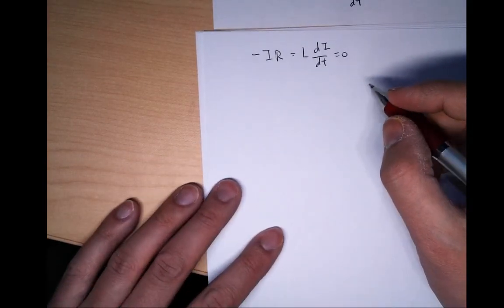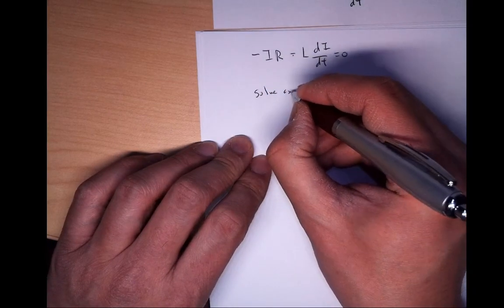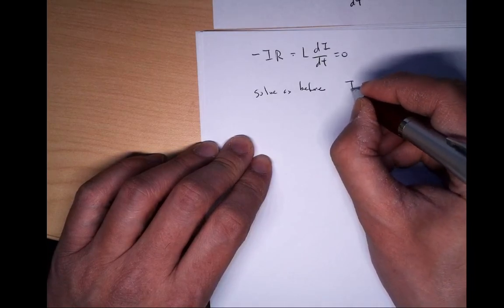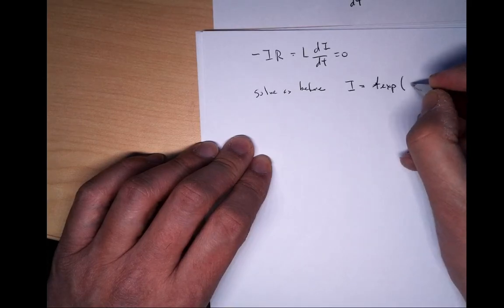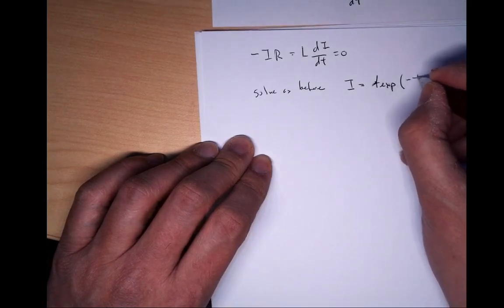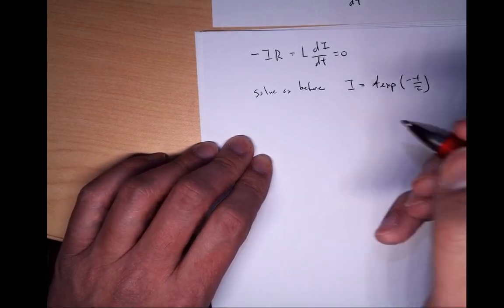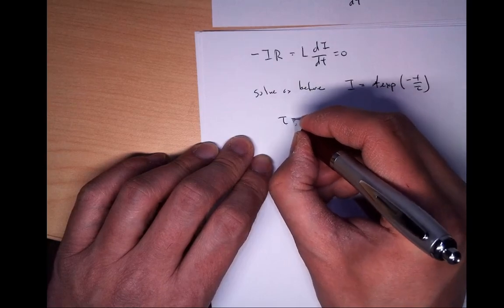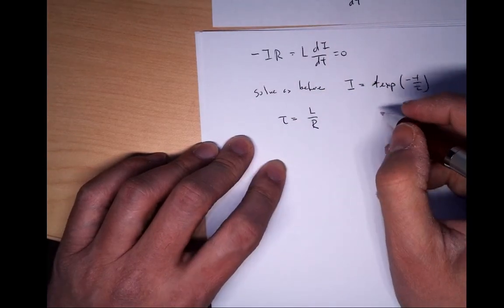All right. And again, basically, you can solve the same way. So solve as before. Let's guess and check. Like the guess is going to be equal to A exponent minus t over tau, right? And so if you do the same as before, tau is just going to be equal to L over R, all right?